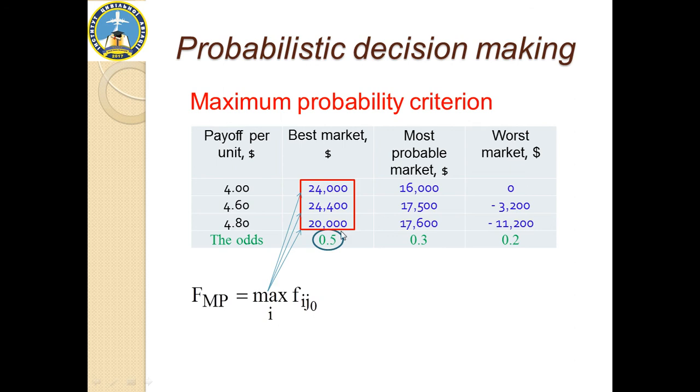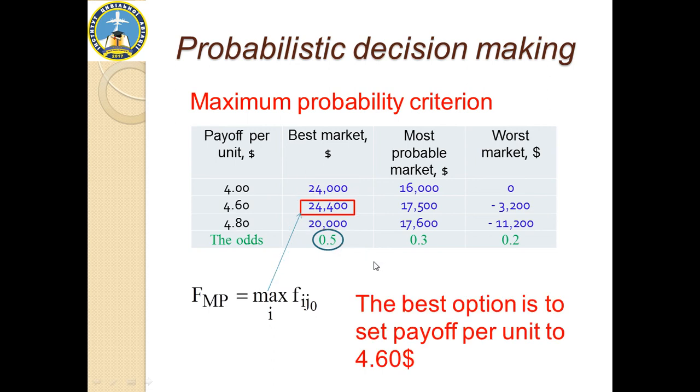So the best option is to set payoff per unit to 4.6. So our maximum expected payoff of $24,400 will be received at the second decision-making option, which is $4.6 per unit of the software.